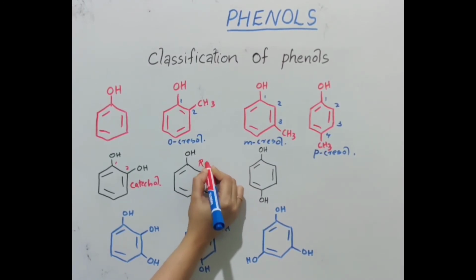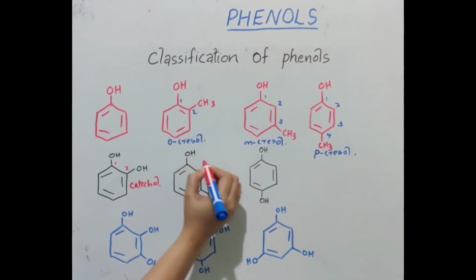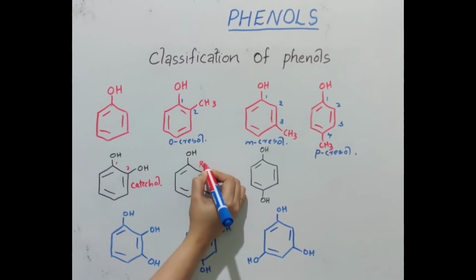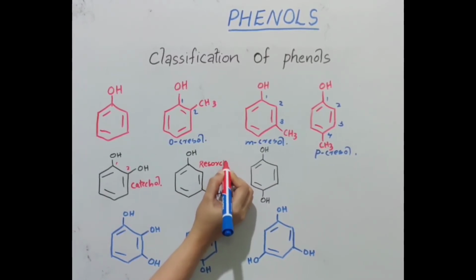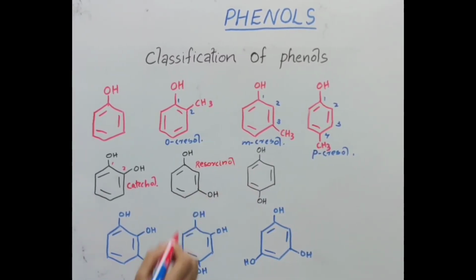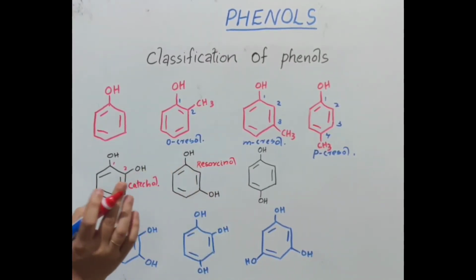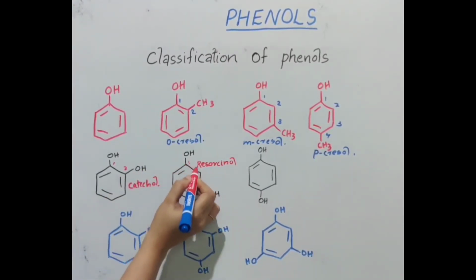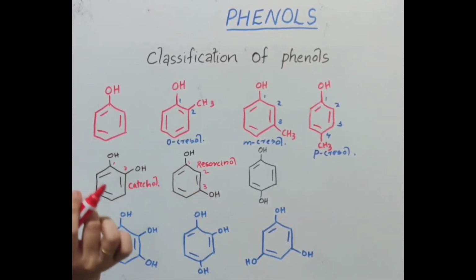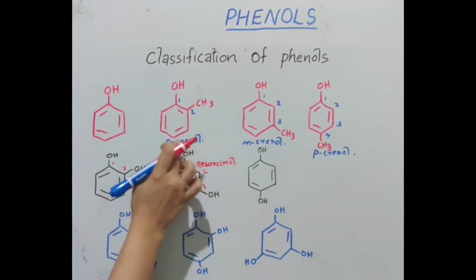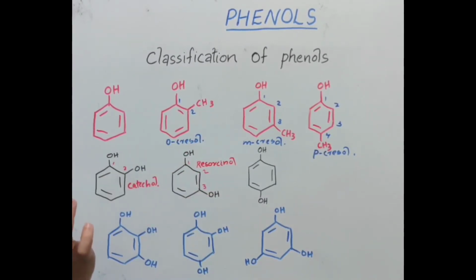Resorcinol. And the IUPAC name, numbering it as 1, 2, 3, is benzene 1, 3 diol.